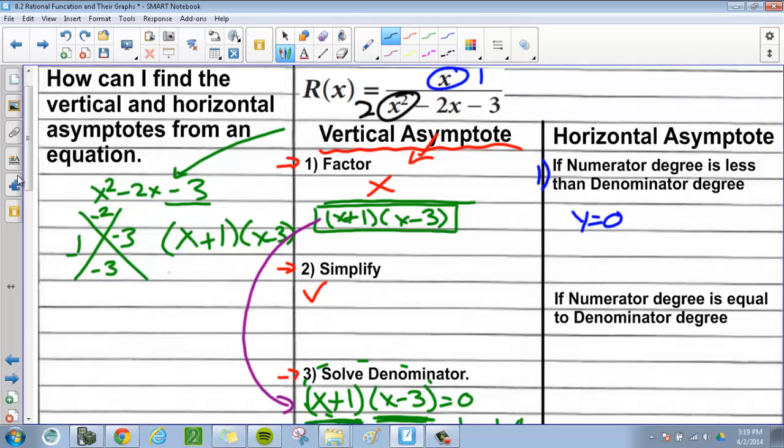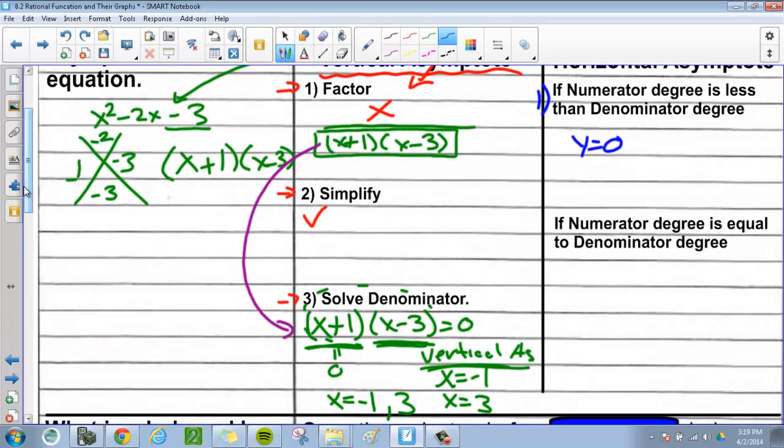Now, if the numerator degree is equal to the denominator degree, this is how you figure out that one. I'll show you an example. Let's say we had 2x squared over x squared plus 3x plus 5. In this situation, the numerator degree is 2, and the denominator degree is 2. So you look at the coefficients of the biggest power term.